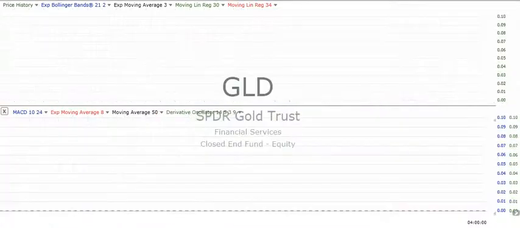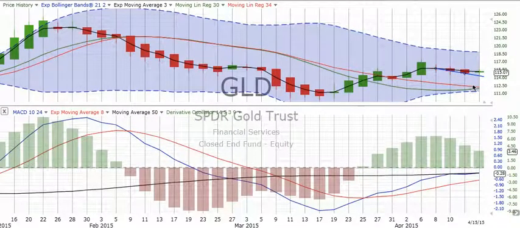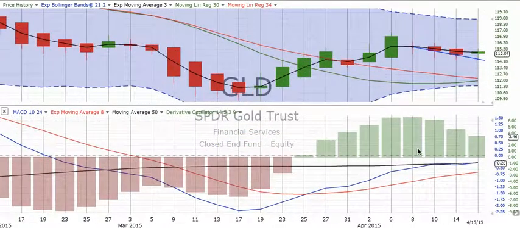Now, lastly, let's drop over to gold. Look at gold. We keep talking about what is gold doing, how gold appears to be trying to go down, but it just hasn't gotten the momentum to go down yet. This, again, is the 2-day chart.